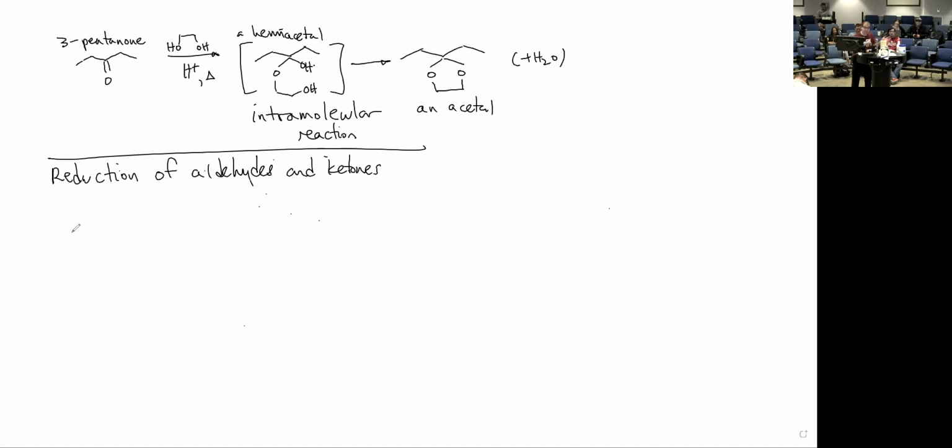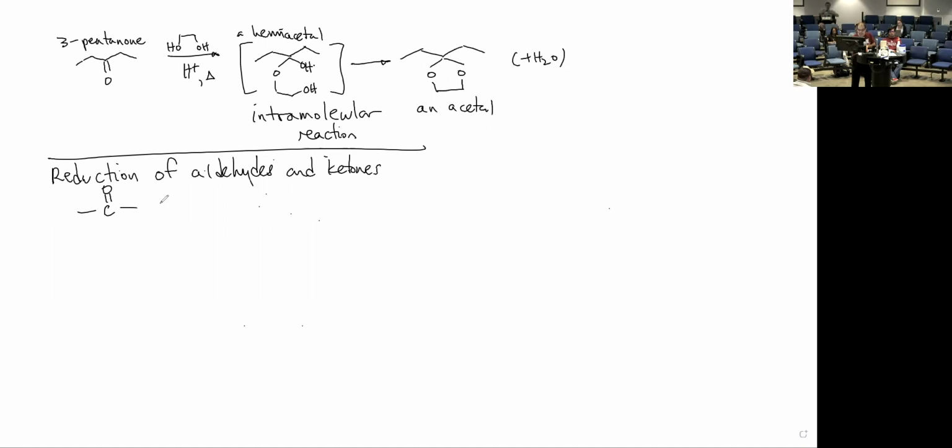We're going to take a little detour after this chapter and do our chapter in carbohydrates, and then we'll come back to carbonyls and we'll cover chapter 10, which will be on carboxylic acids, esters, amides, nitriles, all those other types of compounds that have their own sets of reactions.